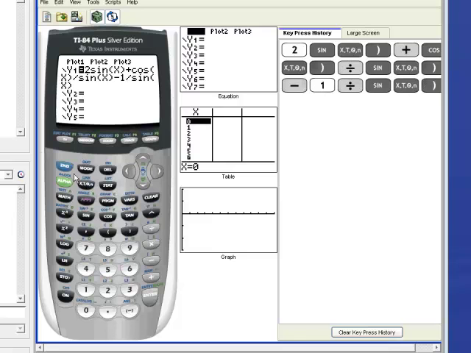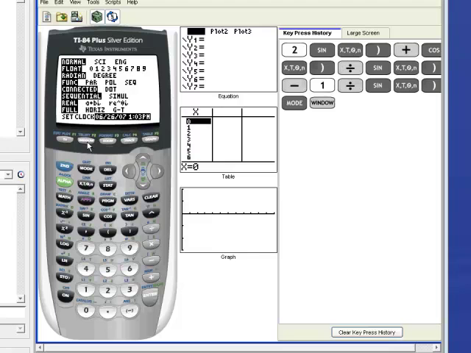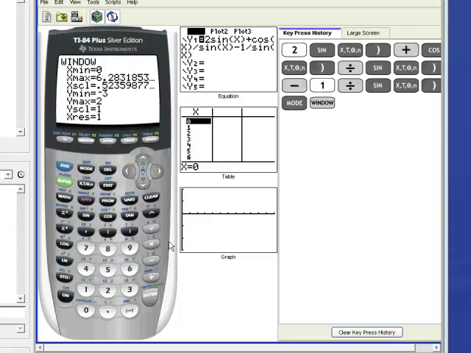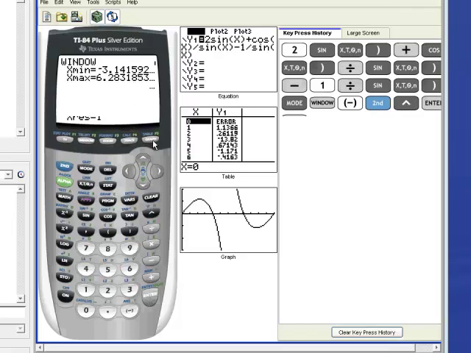And then I'm supposed to be in radians. I am. And my window, I may want to do this starting at negative pi, because I may want to look at x equals 0. And then the rest should be okay. All right.